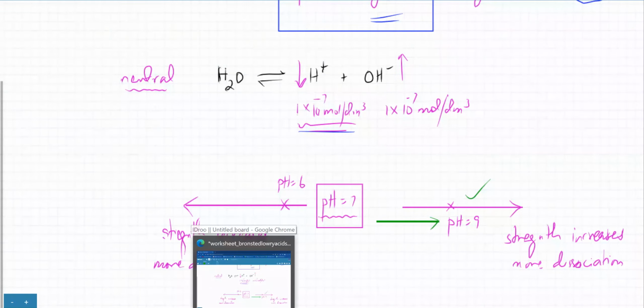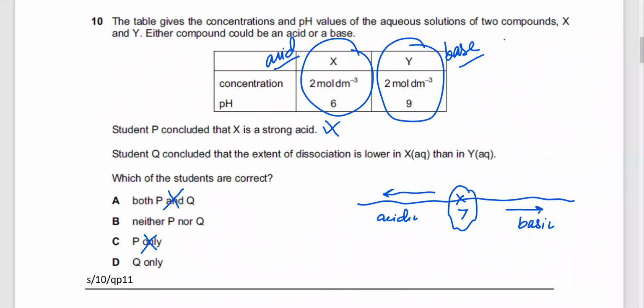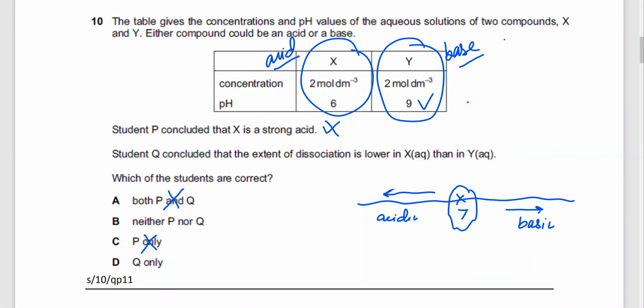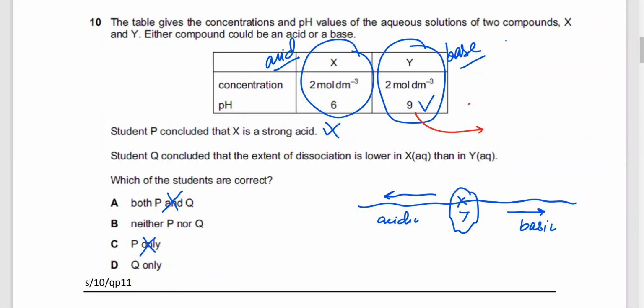So in this question over here, they were saying that student Q concluded that the extent of dissociation is lower in X, which is true because at pH 9 there's going to be more dissociation. That's the one that's going to dissociate more.